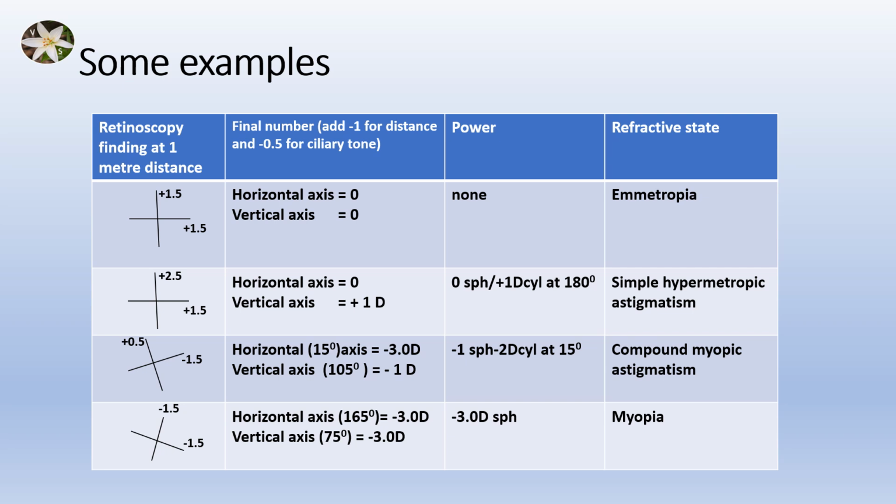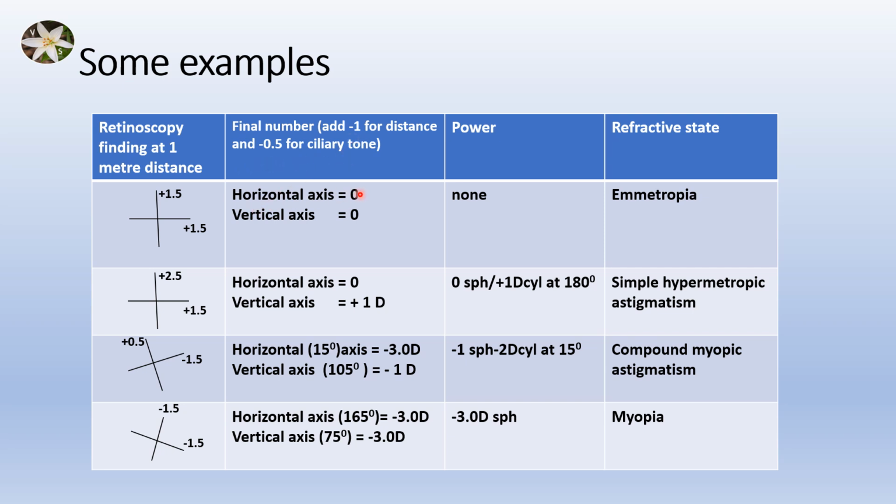These are some examples of the retinoscopic findings and the calculated numbers that we would arrive at. So the retinoscopy is done at 1 meter distance. These are the findings in the vertical meridian and in the horizontal meridian. Here we have the oblique axes, and the power would be by adding -1 for distance and -0.5 for the ciliary tone.